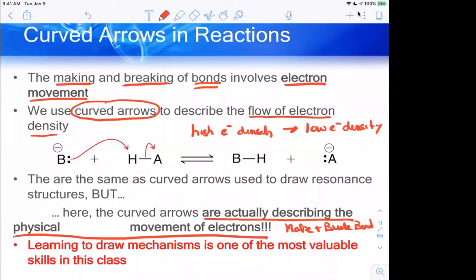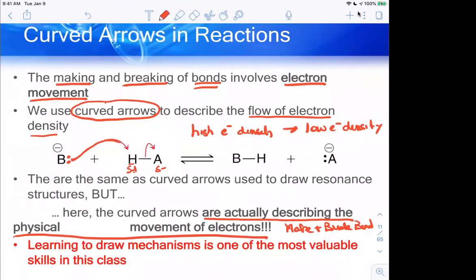So this is describing a chemical reaction. Again, here's my lone pair. That's going to be an area of high electron density. This is usually partial positive, partial negative. So this is low electron density.